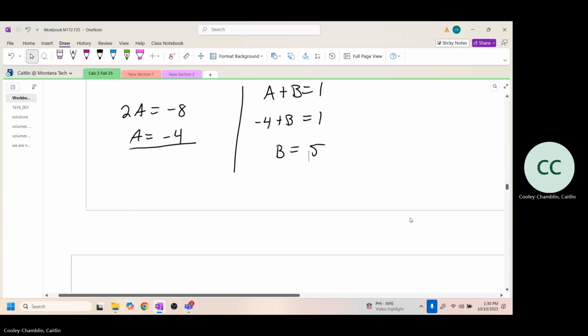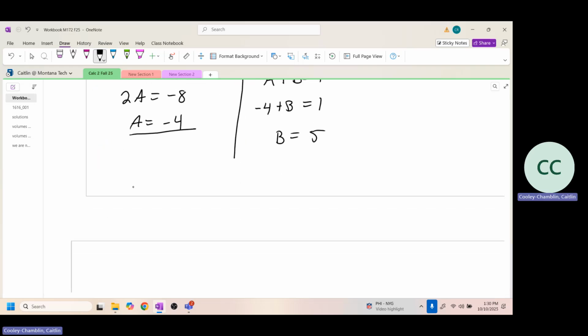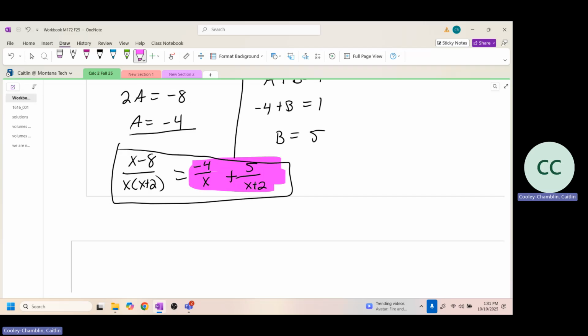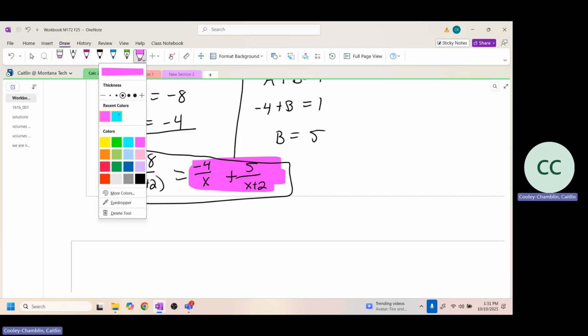So we have x minus 8 over x times x plus 2 equals our a, which is negative 4, over x plus b, which is 5, over x plus 2. So this is how our equations break up. And if I was to integrate this right-hand side, it would be way, way easier than integrating this left-hand side.